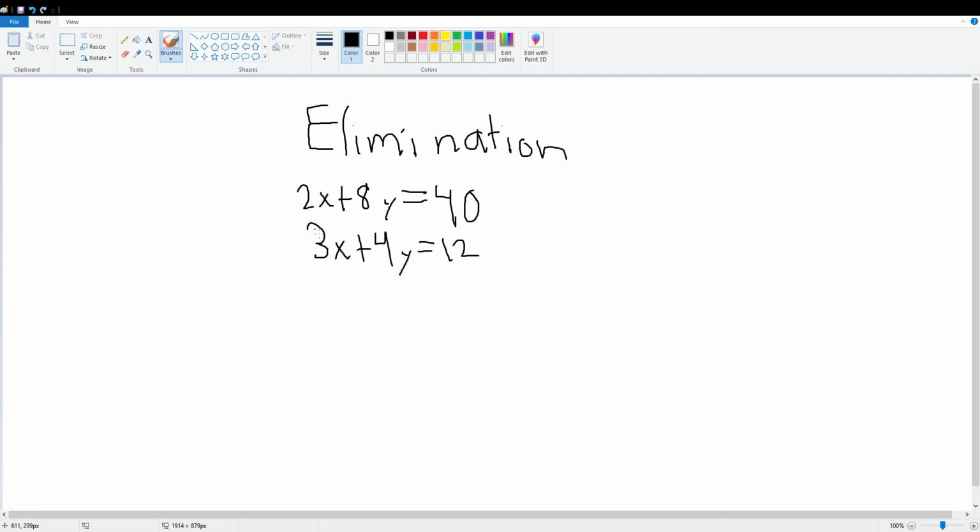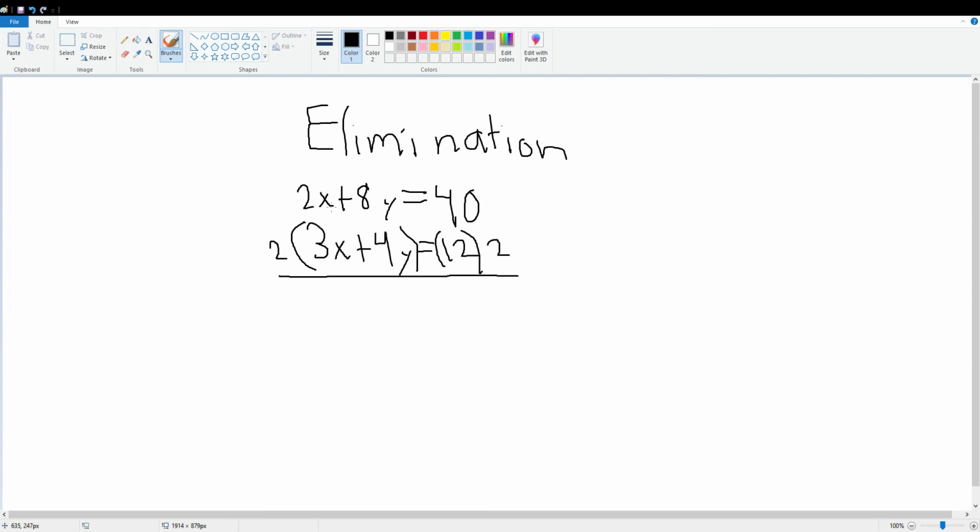So for example, we can multiply this equation by 2, because when we do 2 times 4y and subtract, we'll get 8y minus 8y, which would cancel out the whole y term.